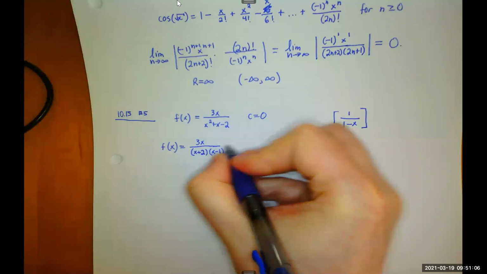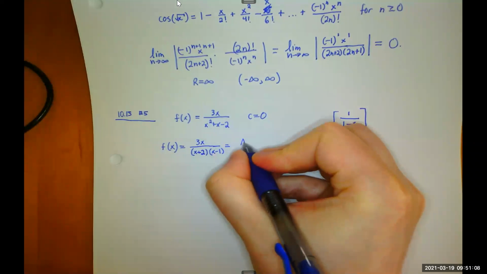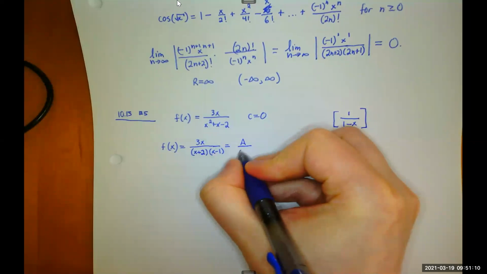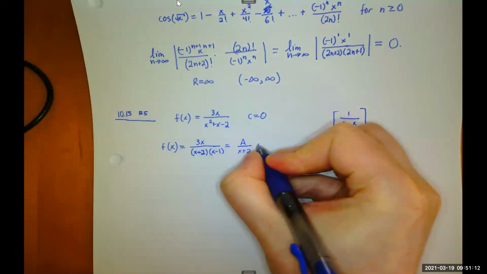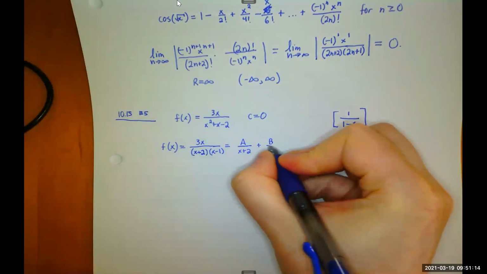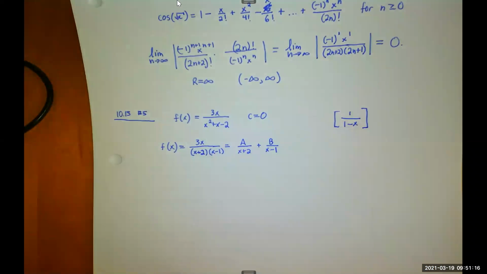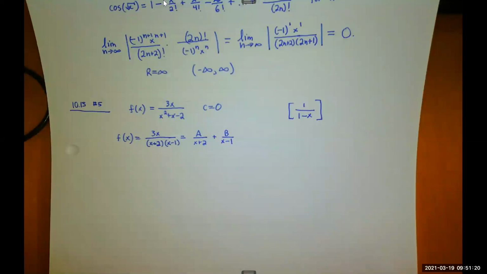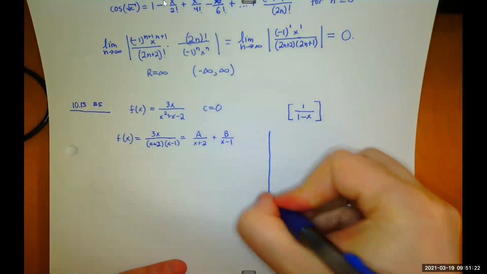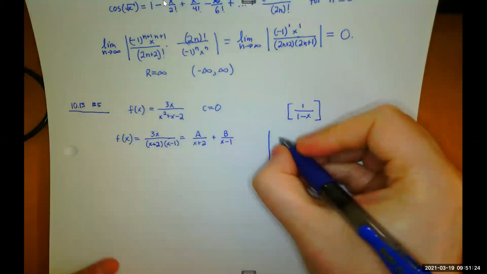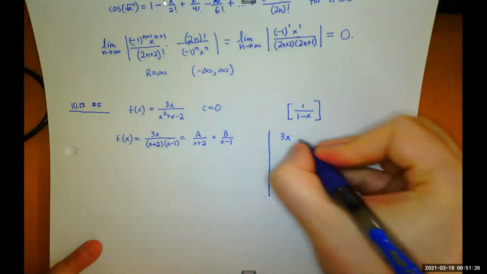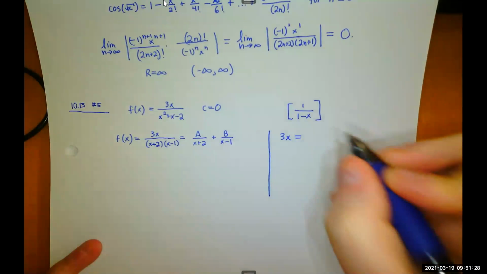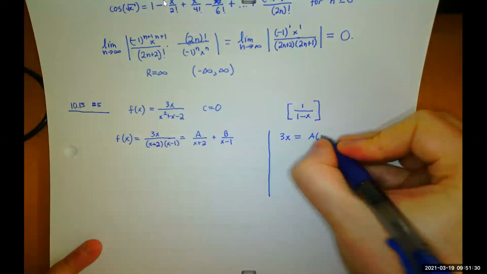But the denominator factors, which means we may be able to do something like this. We call this, by the way, partial fraction decomposition. So I'm going to do that over here on the side. So my common denominator, I multiply through by that and simplify.